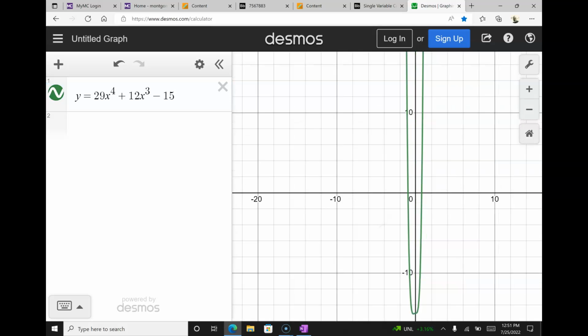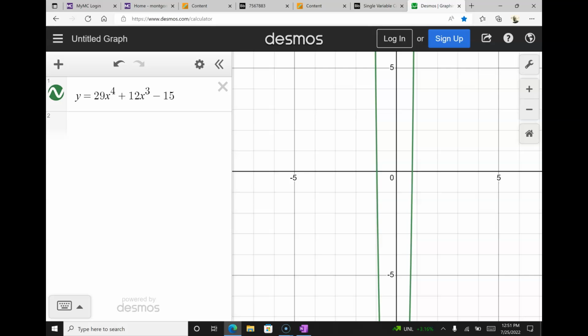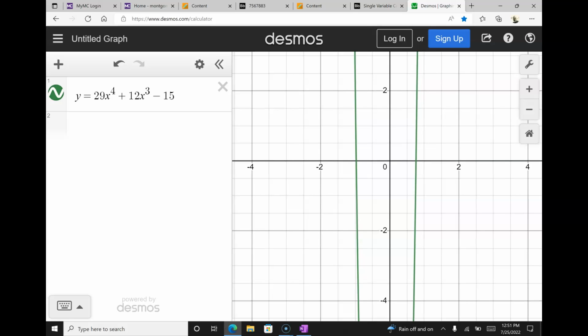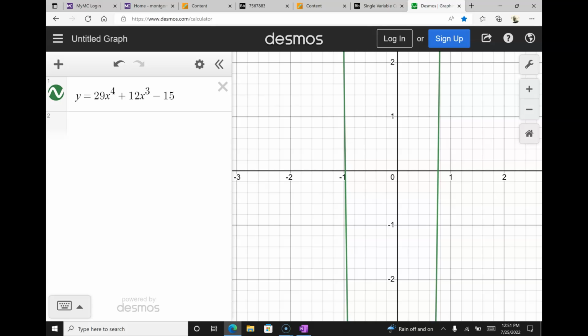Well, there are definitely 2 roots. It hits roots. It might not be factorable. They might be irrational roots. In fact, they look like they're irrational roots, but I'm not going to give you something that's this ugly. I can't factor that.